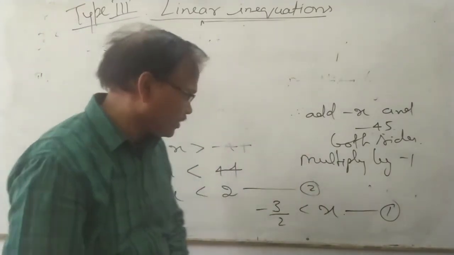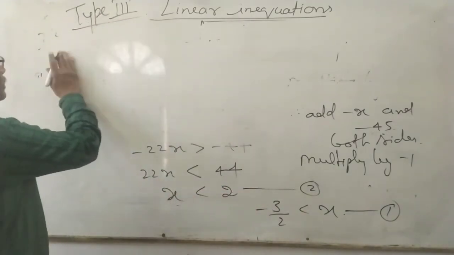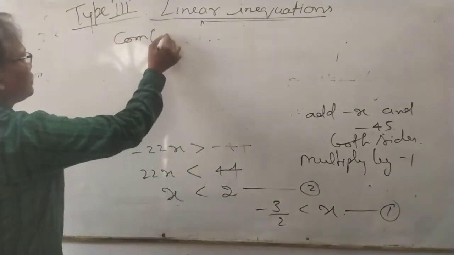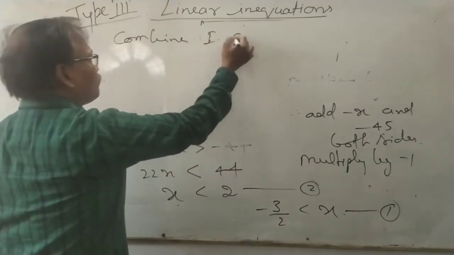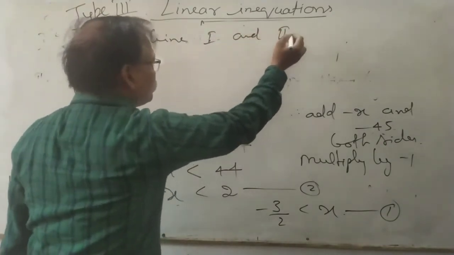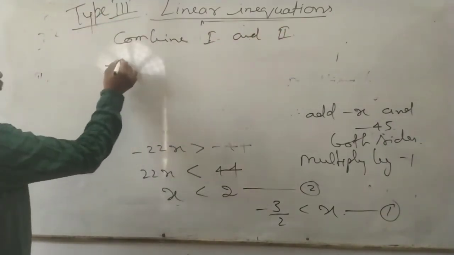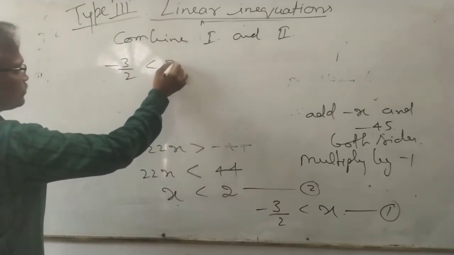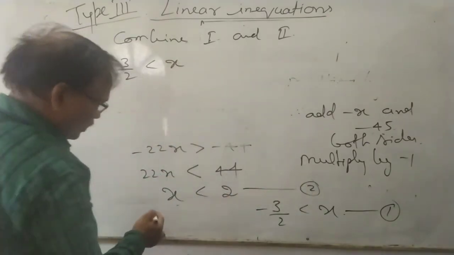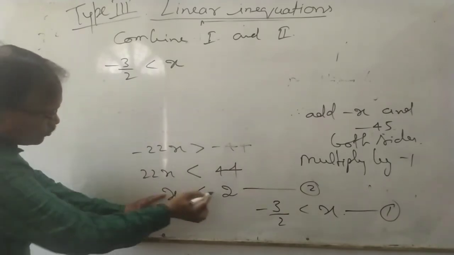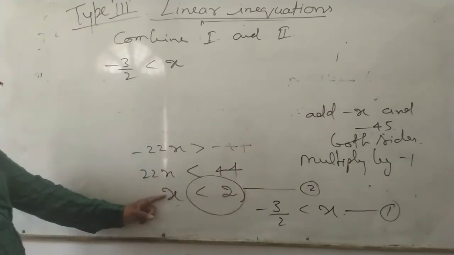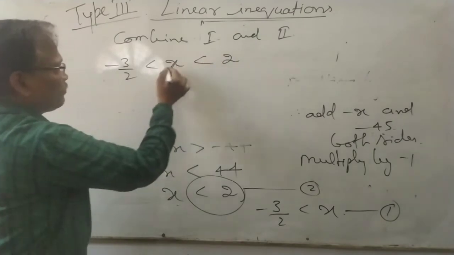How to combine? Write the inequation as it is. Now combine part 1 and 2. So first one you write as it is, and second one, because x is already there, only you write this part, मतलब x को छोड़ दें, so it is the second part.